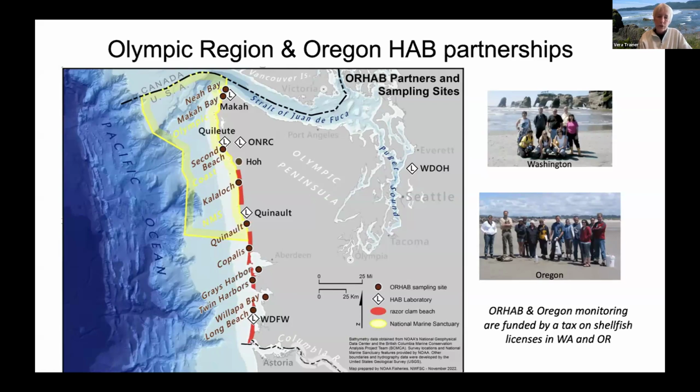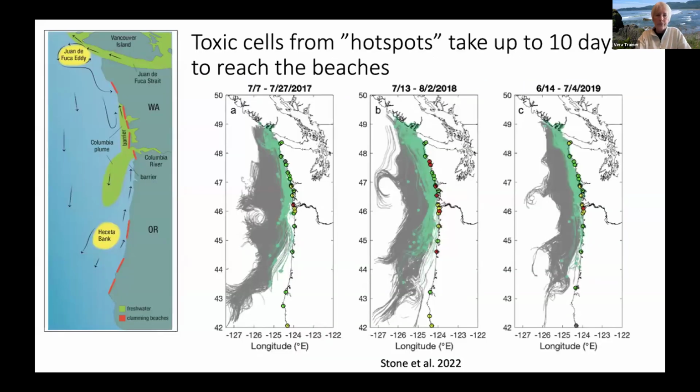And then the Olympic Region, the Olympic Natural Resource Center, a part of the University of Washington, also assists with management of that partnership. Where you see in the red, these are the razor clam beaches, which are an important subsistence harvest for the tribes, but also a really fun recreational harvest for the general public. So this forms the basis of the sampling that's done in Washington and then also in Oregon.